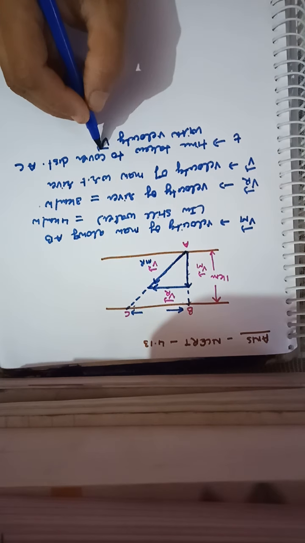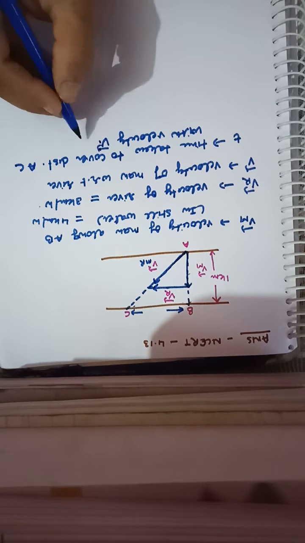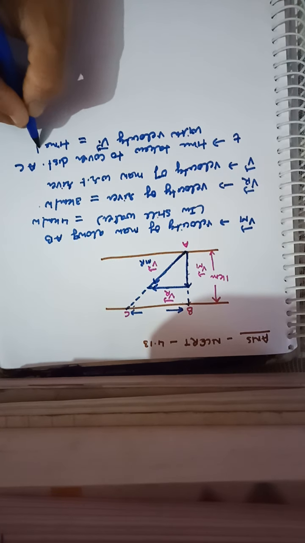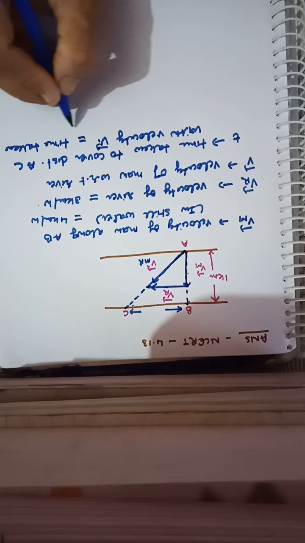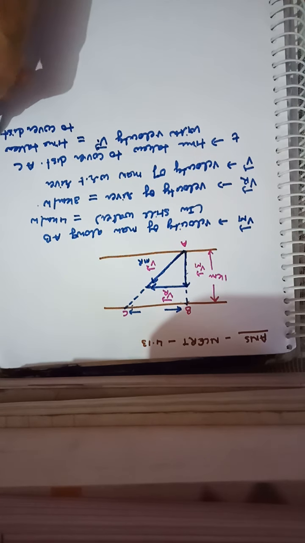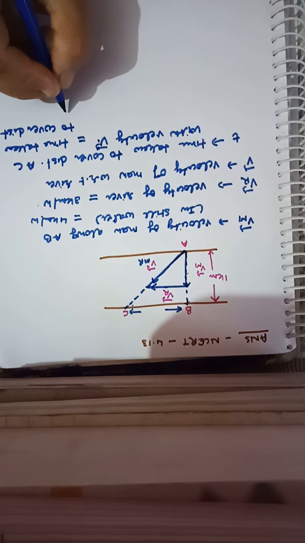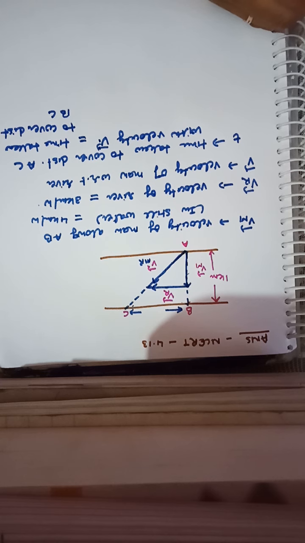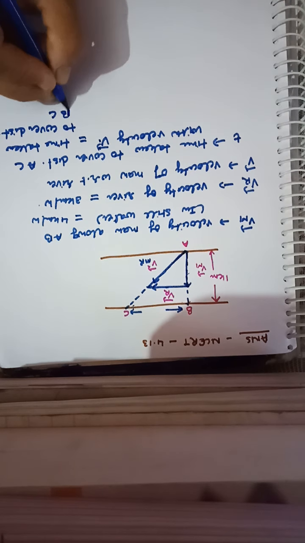So this velocity v vector is equal to the time taken to cover distance BC. Okay, time taken to cover distance AB.